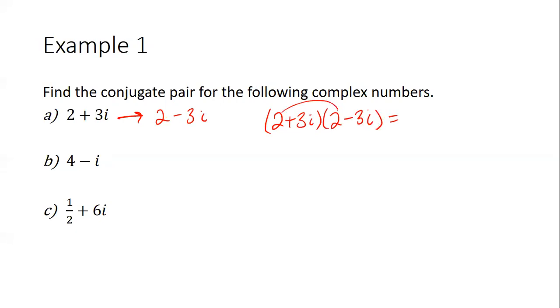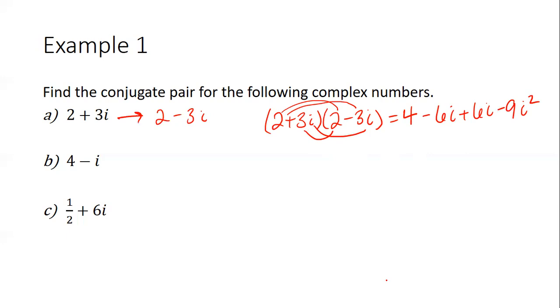What is 2 times 2? 4. What is 2 times -3i? -6i. What is 3i times 2? +6i. And what is 3i times -3i? That gives me -9i squared.